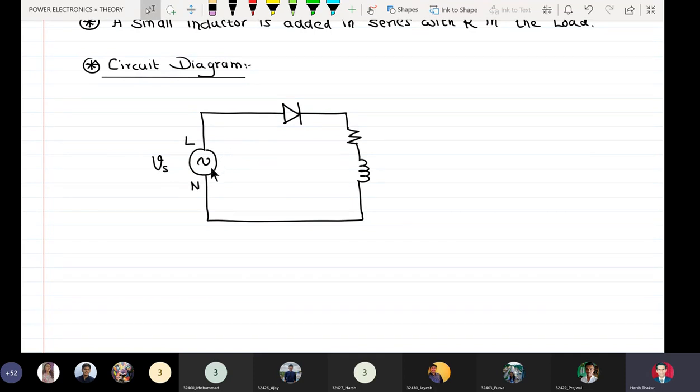Instantaneous value of the AC source Vs between the line and the neutral terminals. Also, let us mark anode, cathode, and in addition, we are going to mark the upper and lower end of the load as X and Y terminals here.